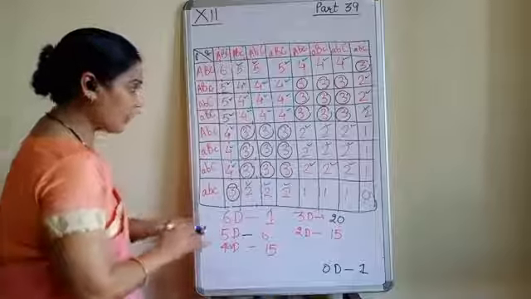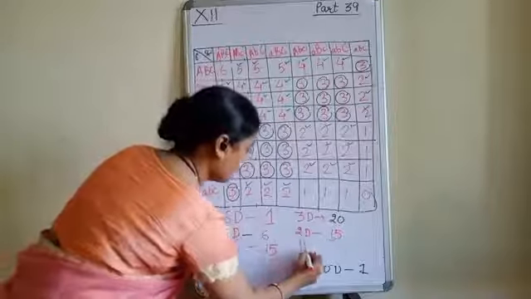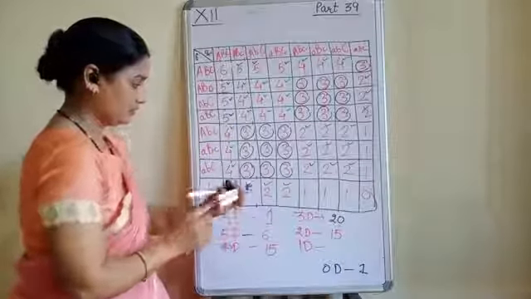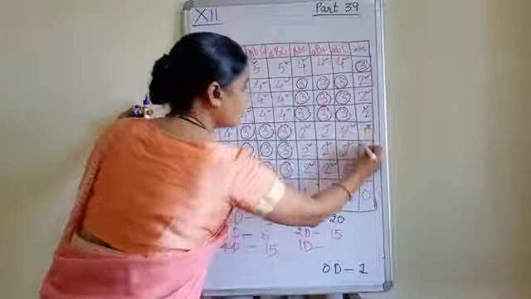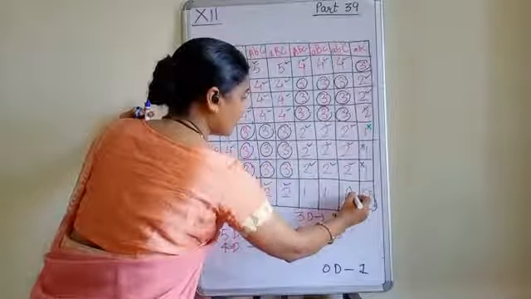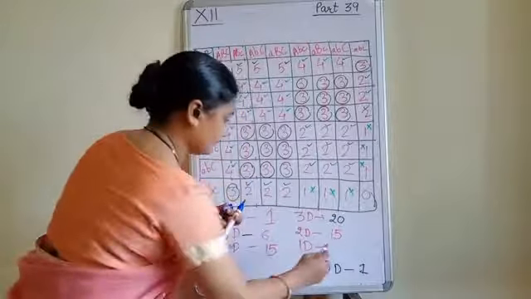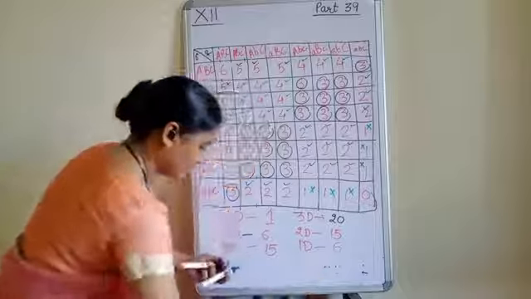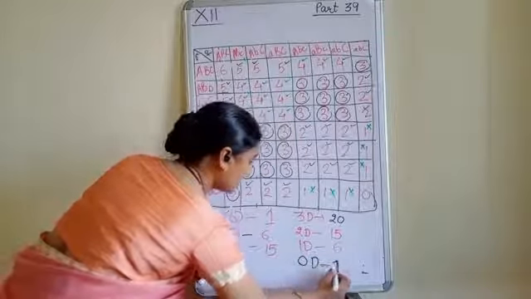Now come to 1. 1 dominant. I'll make a cross. 1, 2, 3, 4, 5, 6. And we have already written 0 dominant 1.